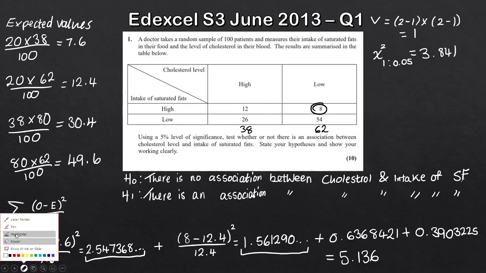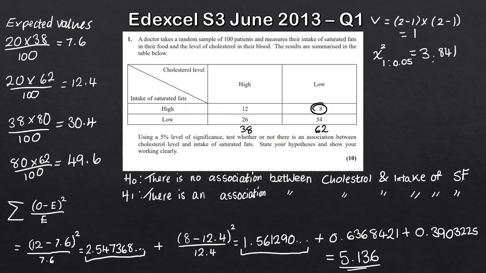All we need to do is give our conclusion now. So what we do is we compare our test statistic, this value here, to our critical value. So 5.136 is larger than 3.841. So in that case, we reject H naught. We reject if this value, our test statistic, is larger than our critical value. So reject H naught.